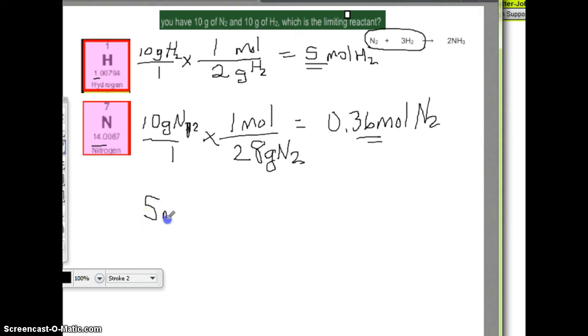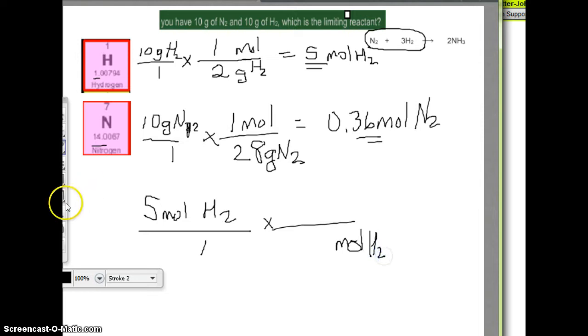And so 5 moles of H2. And if I have 5 moles of H2, I want to know how many moles of N2 I'm going to need for this reaction. So what has to be at the bottom? Moles of H2, because it's got to cancel. And so I want to see how many moles of N2 there's going to be.